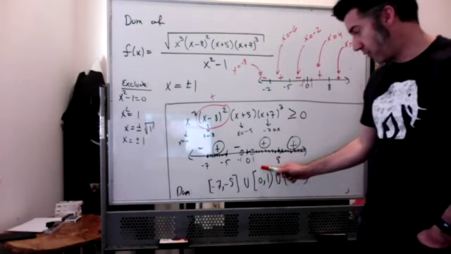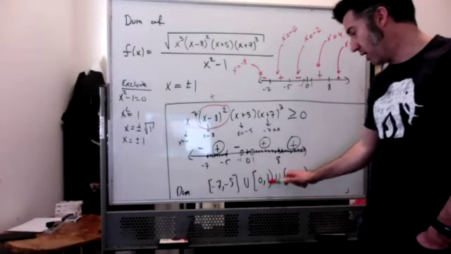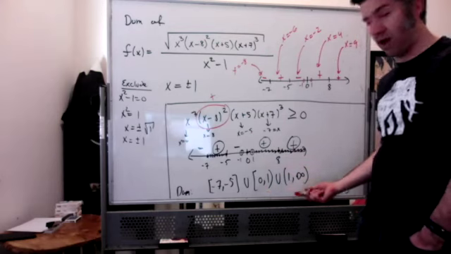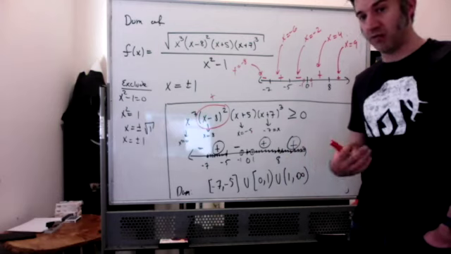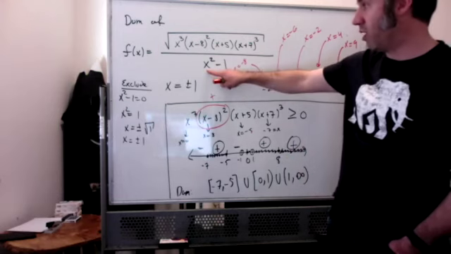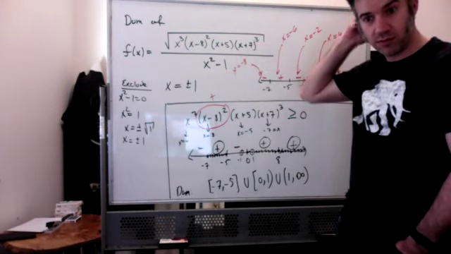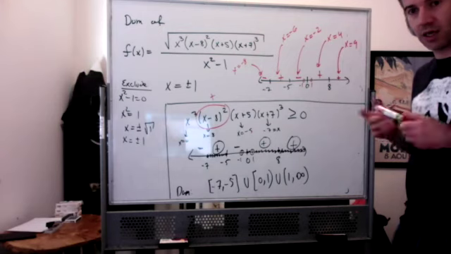I'm going from 0 inclusive to 1 not included. And then I'm starting back up at 1 not included all the way to infinity. And the reason I don't want the number 1 is because the number 1 makes the denominator equal to 0. Other questions?